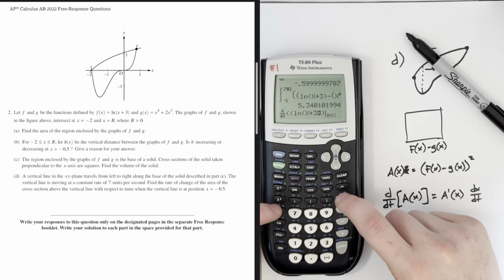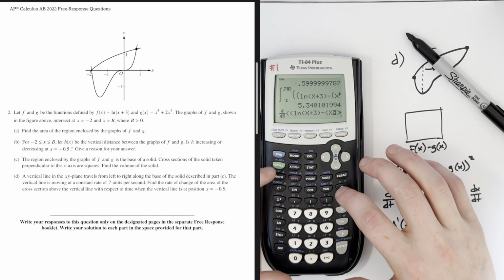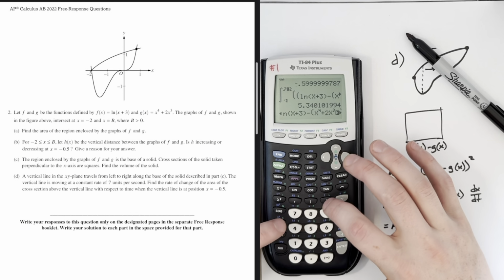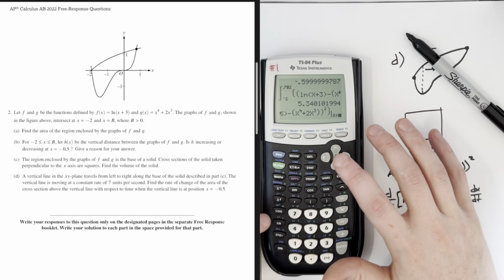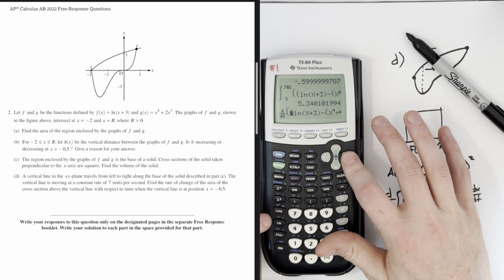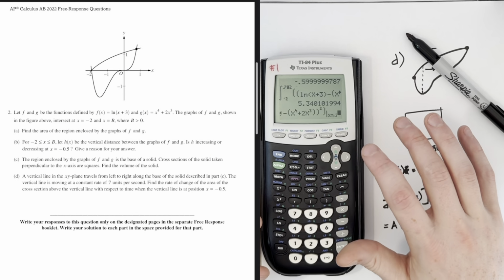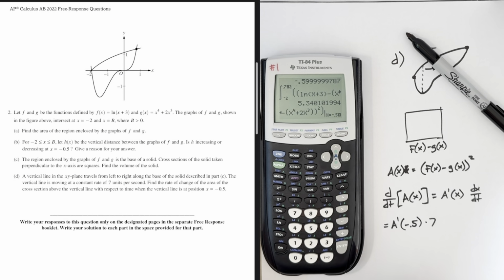ln of x plus 3. I feel like we've typed this out a million times at this point. X to the 4th power plus 2x cubed. Add that extra parentheses because we need to square it. Seeing 2 there, perfect. We didn't mess that up. And we'll take the derivative at the point x equals negative 0.5.